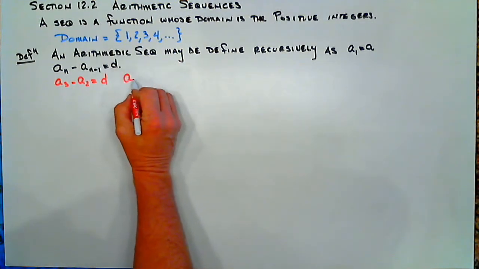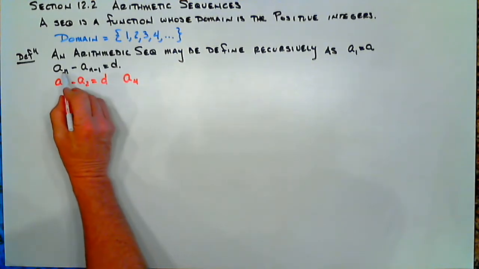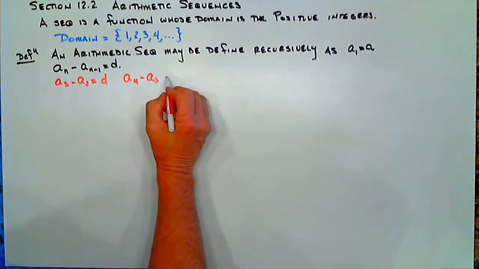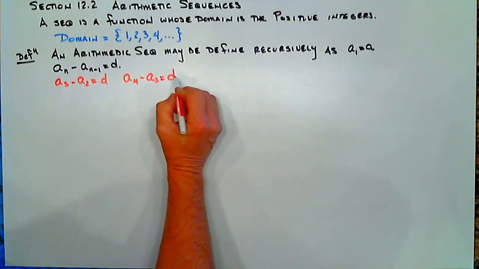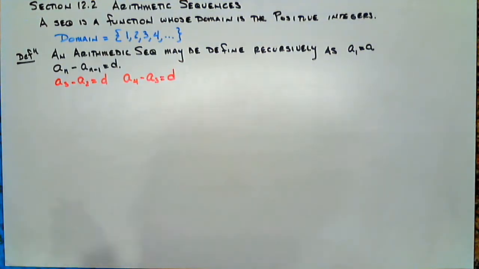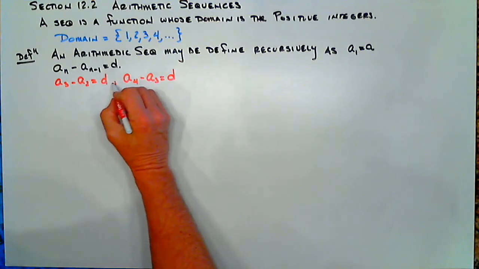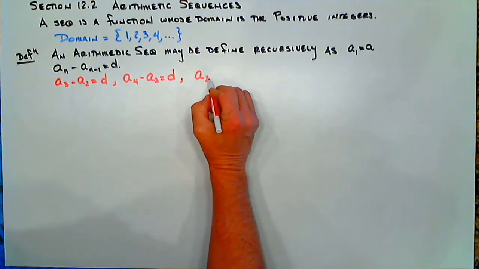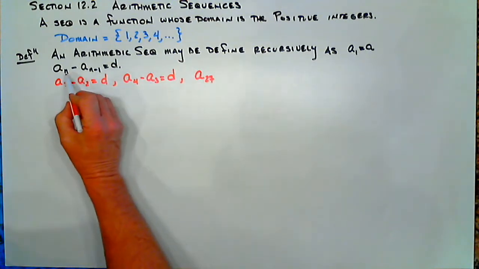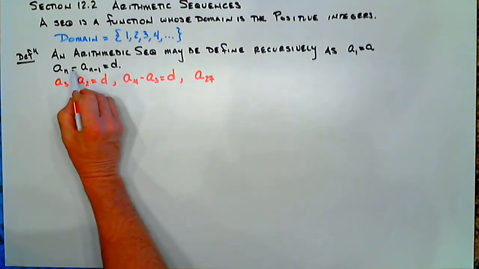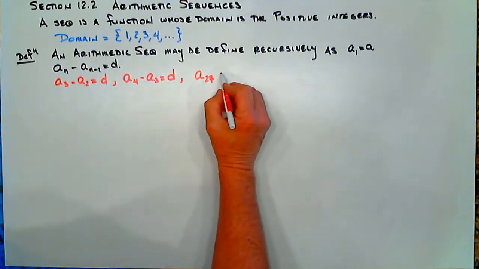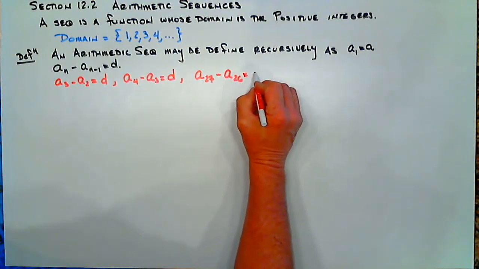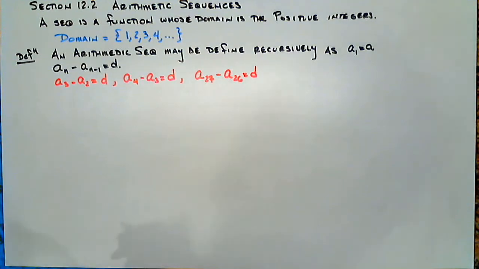It works for 4: my fourth term minus my third term is equal to d. In fact, it works for the 27th term. My 27th term, where n is 27, minus my 26th term is still equal to the same number, d.